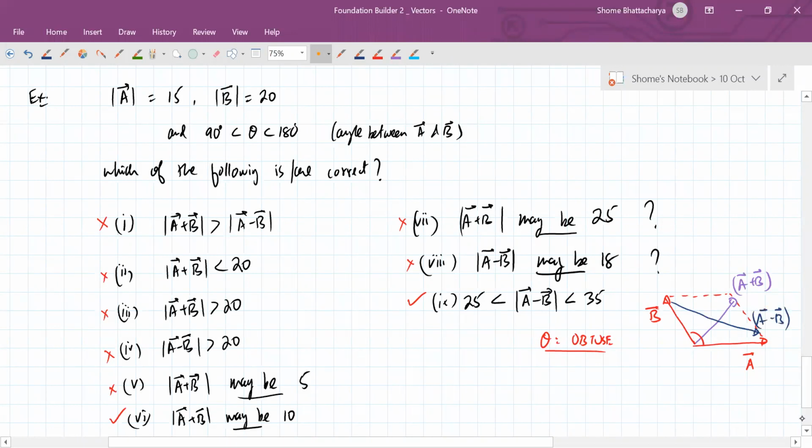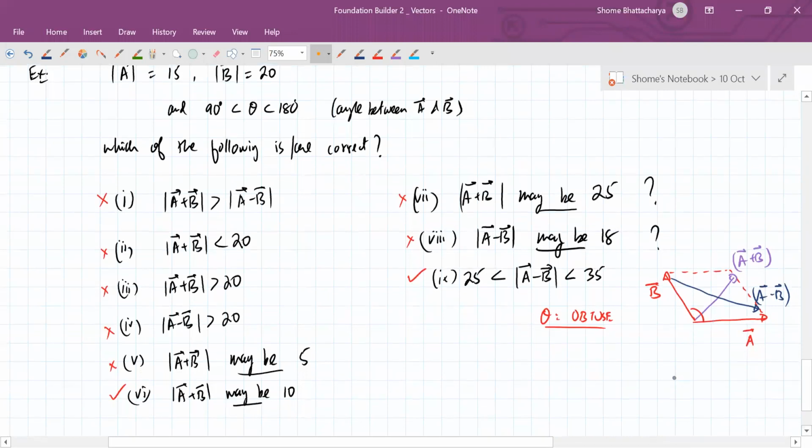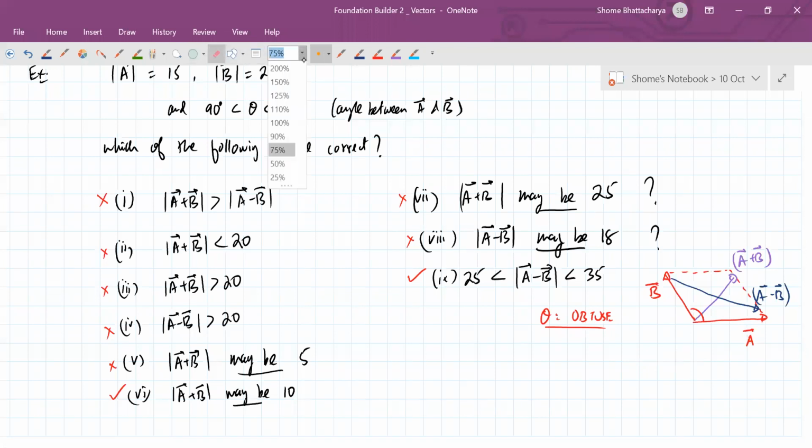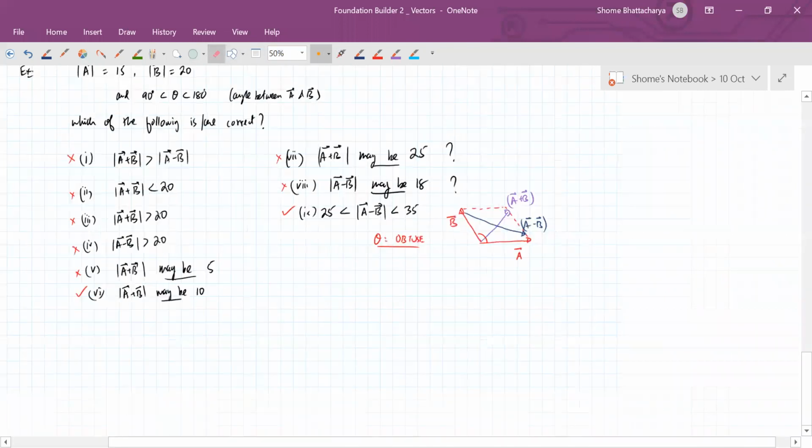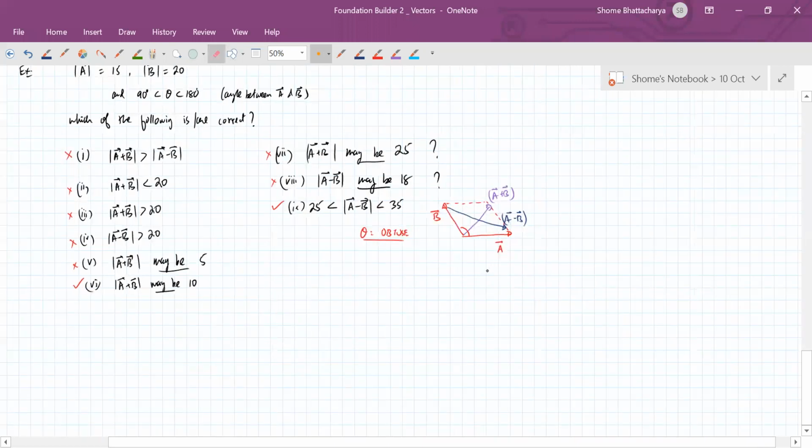So that means that A minus B will have a magnitude which is definitely going to exceed root of a square plus b square. But it is also going to be less than a plus b.